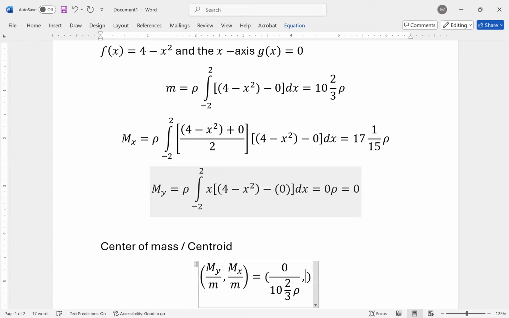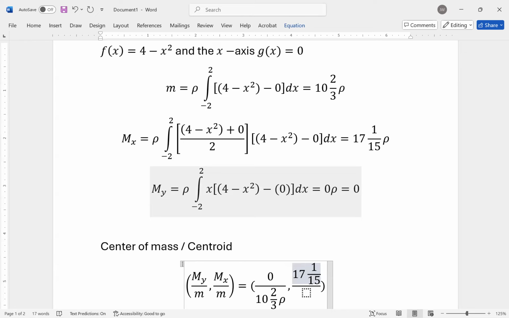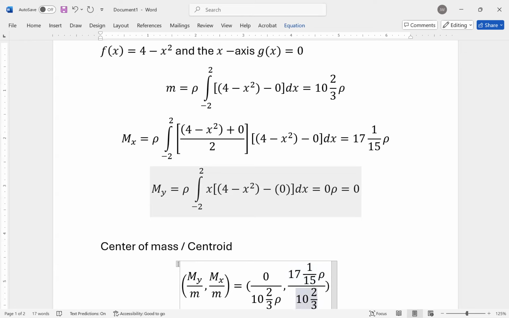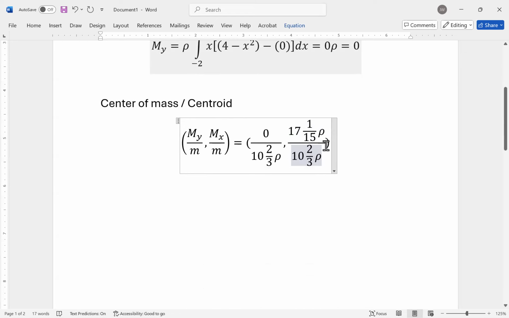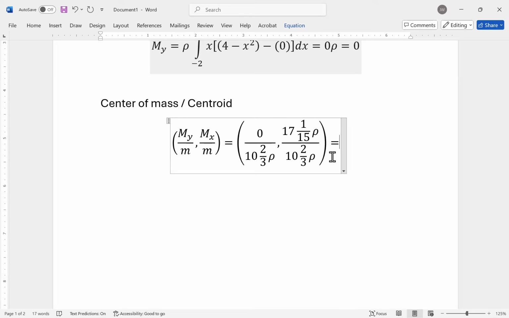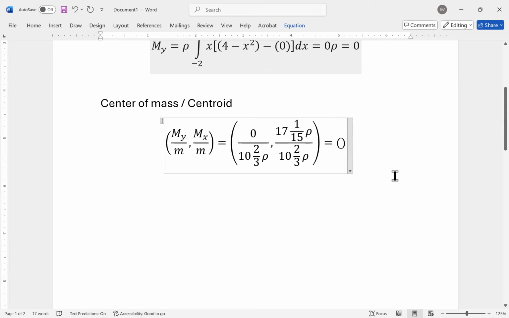That's the x value. And the y value is going to be 17 and 1/15 times rho divided by 10 and 2/3 times rho. Now that we have that, I'd like to clean it up a little bit. 0 divided by anything is just 0.